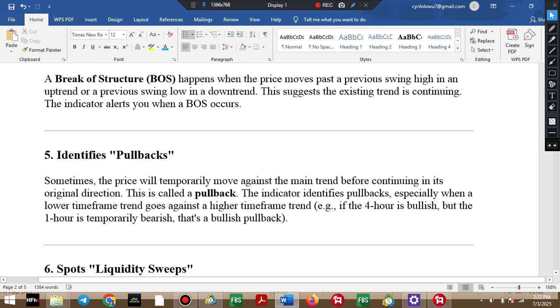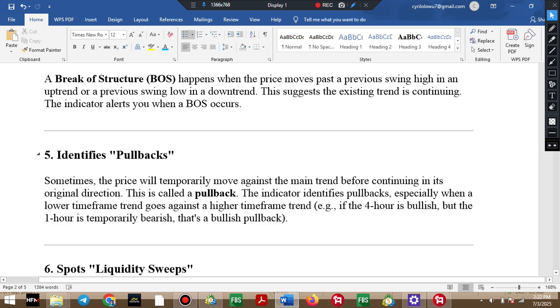Then 5, it identifies pullback. Are you getting it now? The indicator has the ability to identify pullback. Sometimes the price will temporarily move against the main trend before continuing in its original direction.